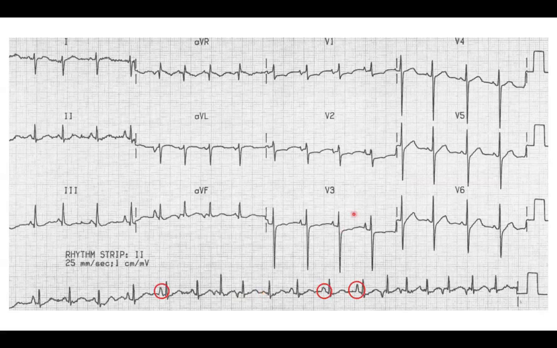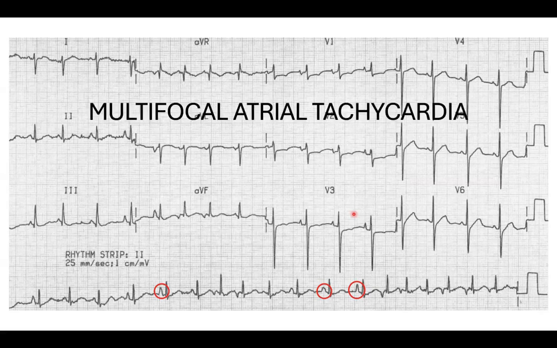I've circled a few that appear to be P waves but have different morphologies. This is actually a multifocal atrial tachycardia. Just like we talked about earlier, there are multiple points of ectopy within the atria that conduct down and result in tachycardia, so each of these P waves comes from a different ectopic focus within the atrium itself.